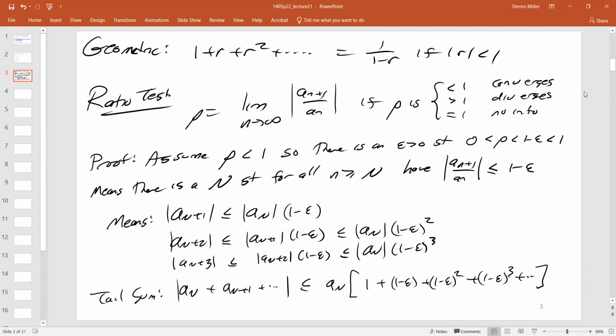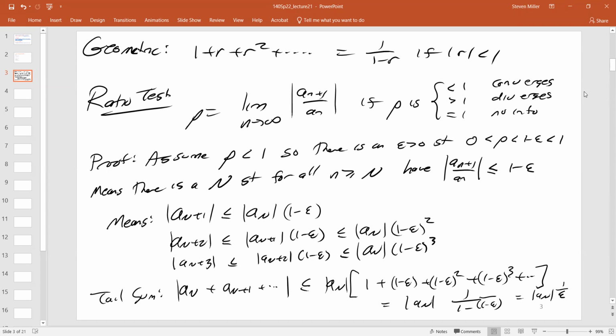Geometric series. And the ratio is less than 1, so this is equal to the absolute value of a_n times 1 over 1 minus (1 - epsilon), which is just going to be |a_n| times 1 over epsilon. And that proves that the sum converges.